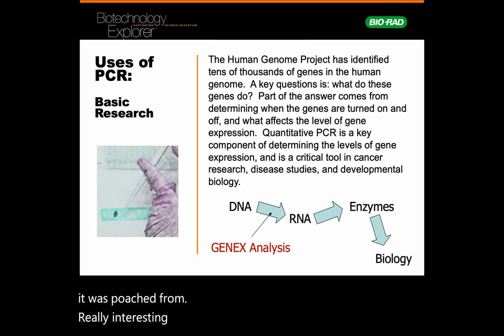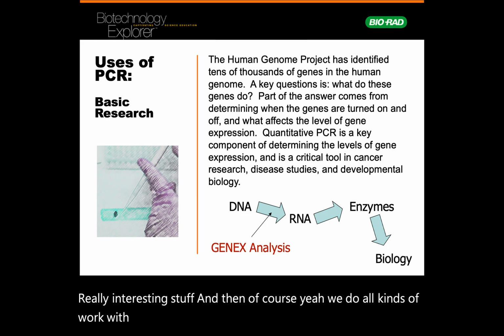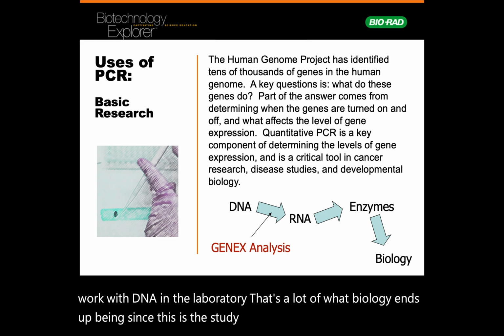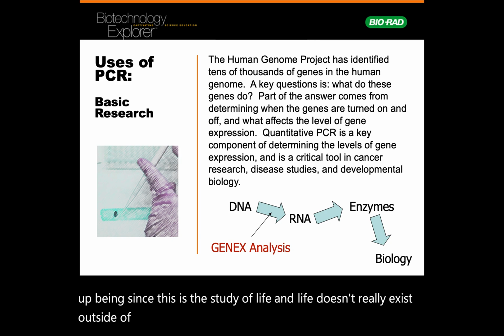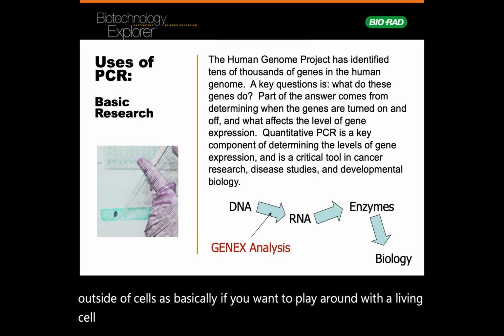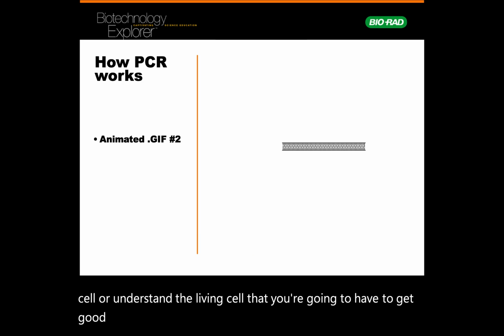And then, of course, we do all kinds of work with DNA in the laboratory. That's a lot of what biology ends up being. Since this is the study of life, and life doesn't really exist outside of cells, if you want to play around with a living cell or understand a living cell, you're going to have to get good at working with DNA.